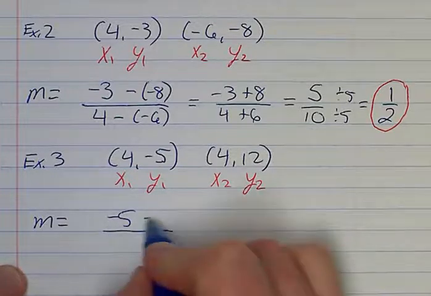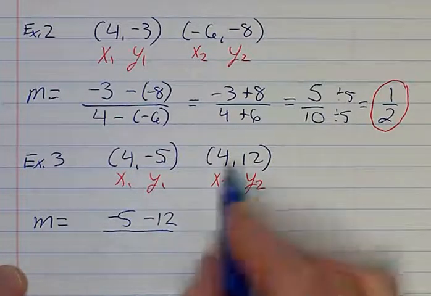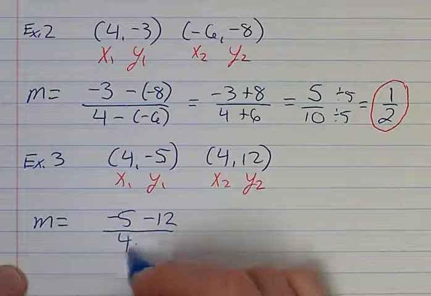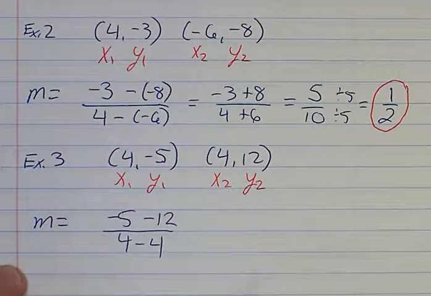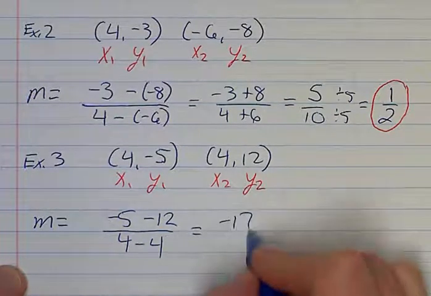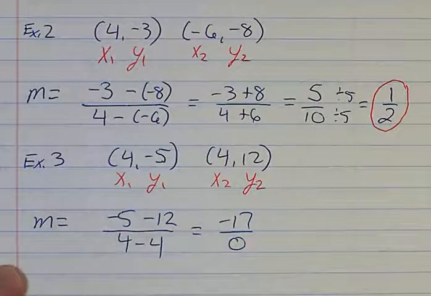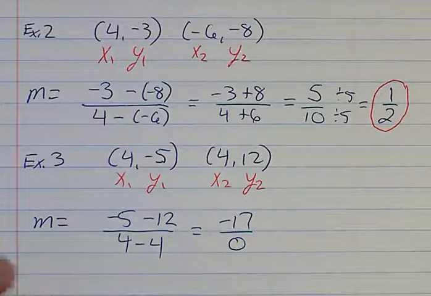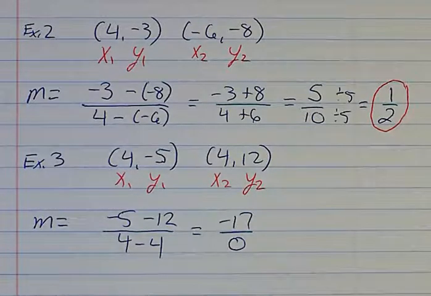So it's -5 minus 12, because neither one of those are negative. 4 minus 4. Okay, so you've got -17 over 0. And here's where the truth comes out for me. When I was in y'all's shoes taking this class in high school, I did not know the answer to that problem right there.